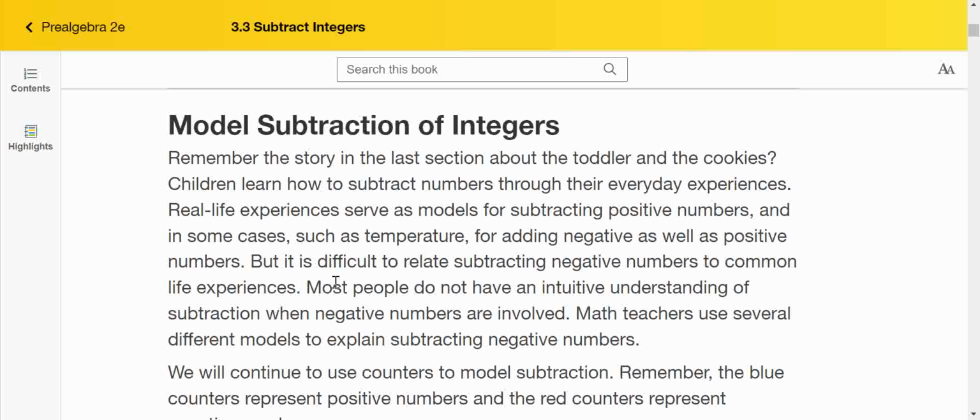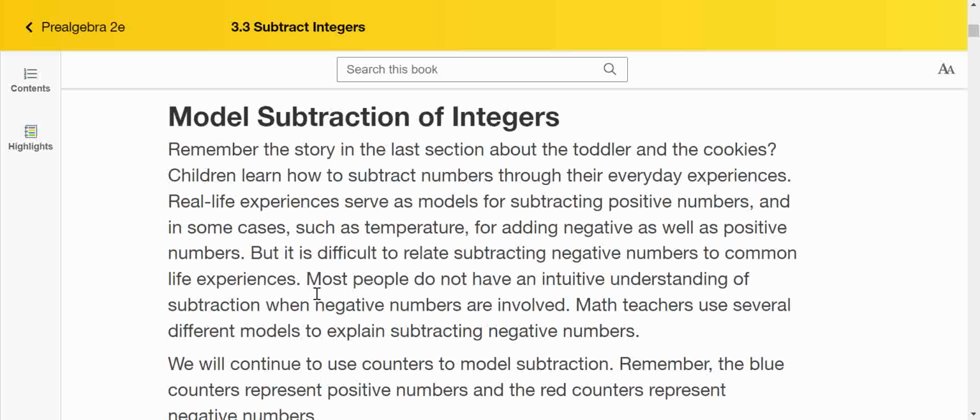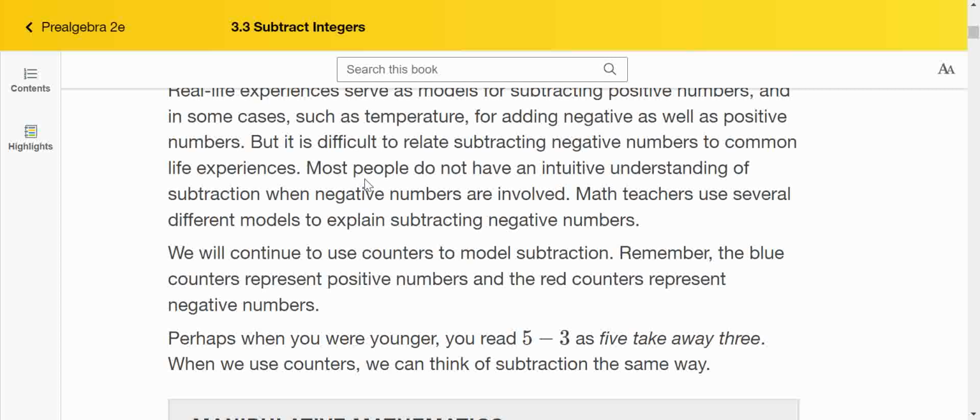But it is difficult to relate subtracting negative numbers to common life experiences. Most people do not have an intuitive understanding of subtraction when negative numbers are involved. Math teachers use several different models to explain subtracting negative numbers.